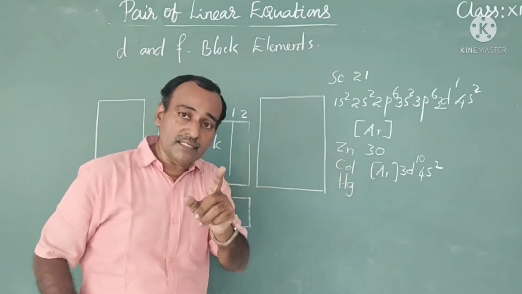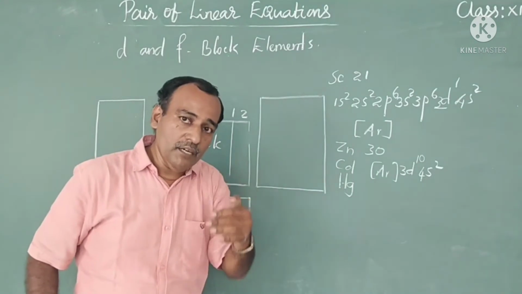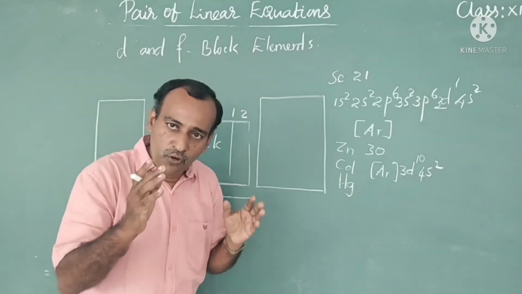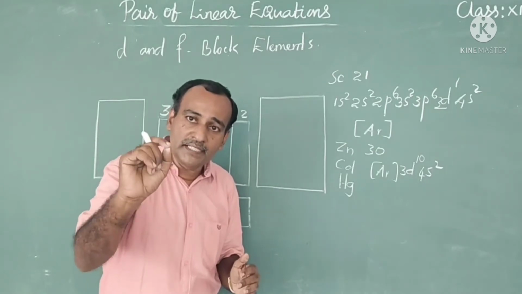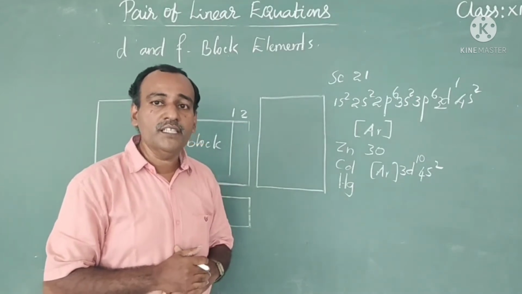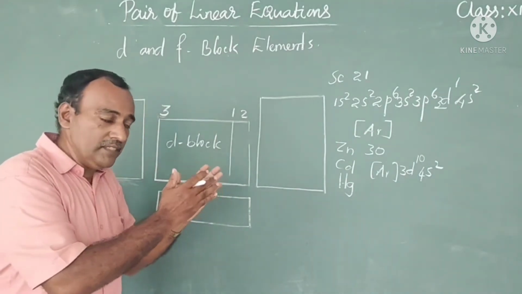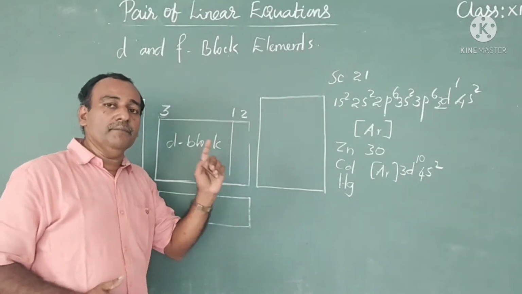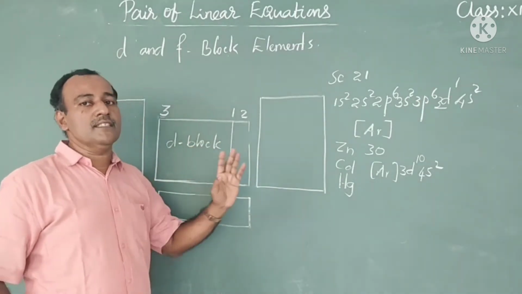Why is zinc not considered a d block element? Because it contains a completely filled d orbital. As per the definition, those elements which contain partially filled d orbital are called d block elements. But the chemistry of zinc, cadmium, mercury, that means group 12 elements, is included along with the d block elements. The only reason is they are the end member of the series.